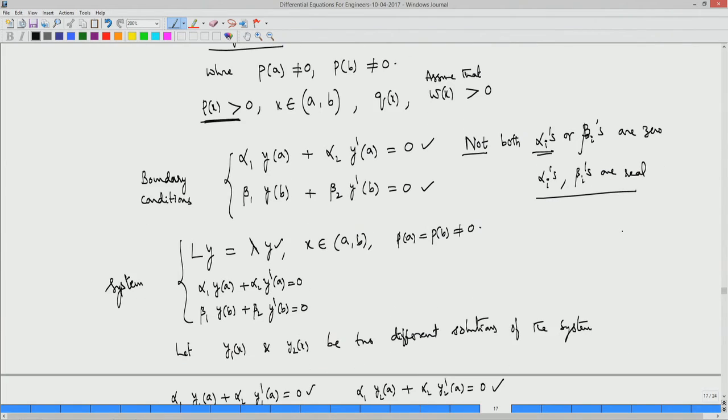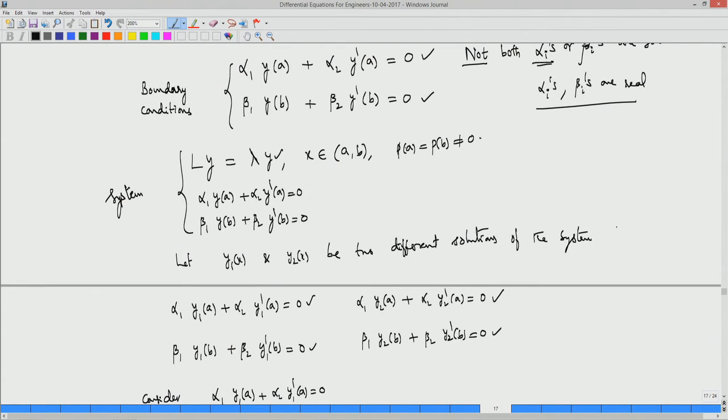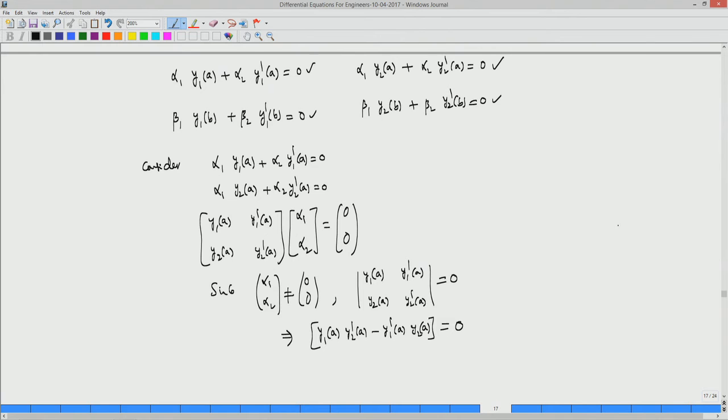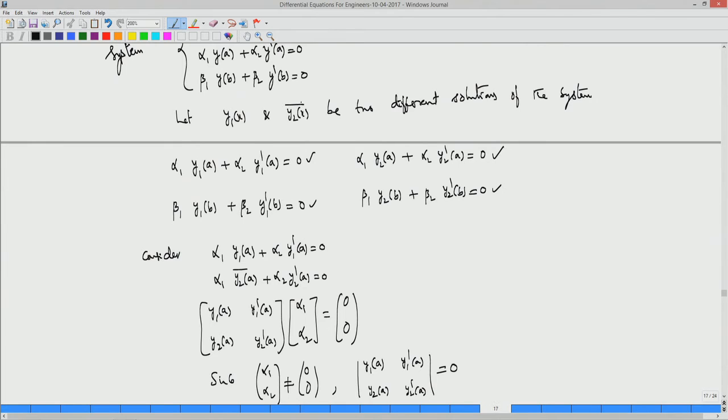Because they are real, y2 bar satisfies the same boundary conditions also. So you can think of y1 and y2 bar as two solutions.